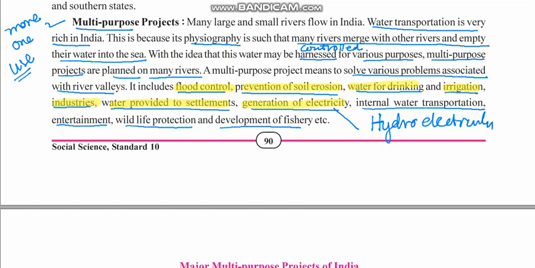And generation of hydroelectricity. The electricity generated from water is called hydroelectricity. Hydroelectricity is a very green source of energy. It doesn't have any pollution included in it. Internal water transportation can be used for transportation from one place to another. Entertainment means it can be used for tourism and other places and entertainment. Wildlife protection and development of fisheries.